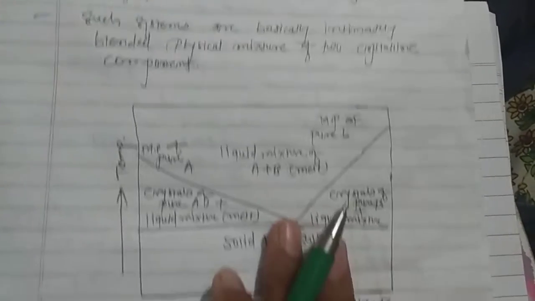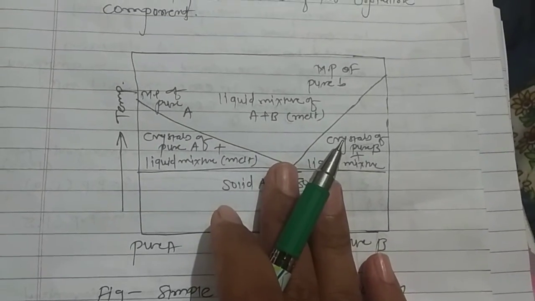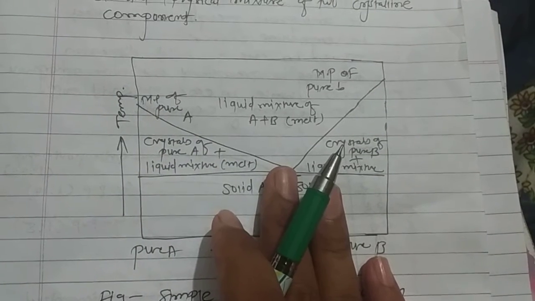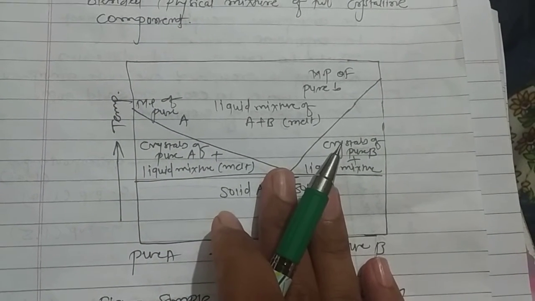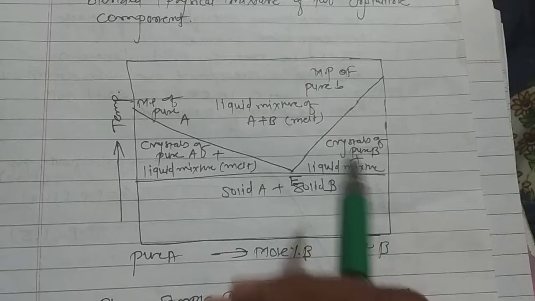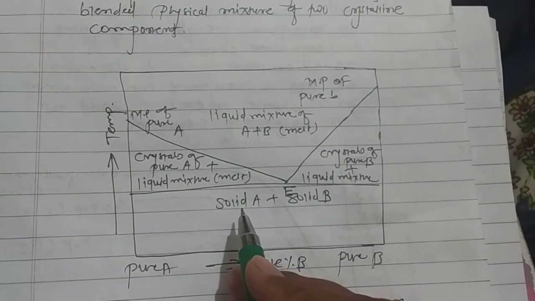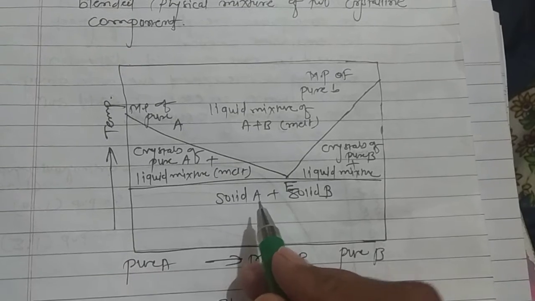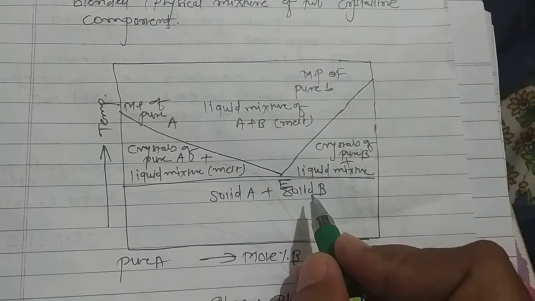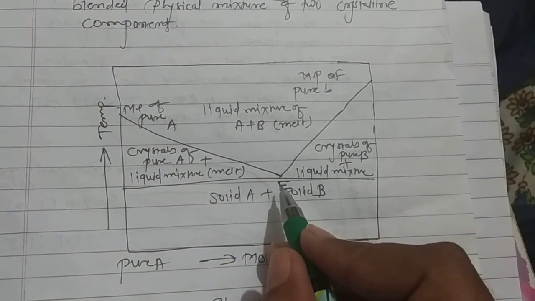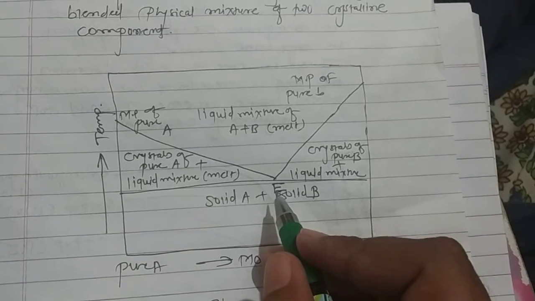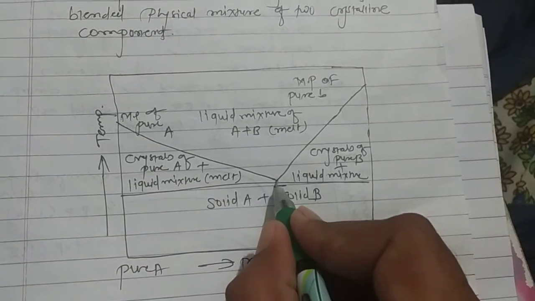So by this phase diagram we can understand how the eutectic mixtures are prepared. Take an example. This is solid A substance and this is B substance. They are mixed together but they melt at this temperature point.